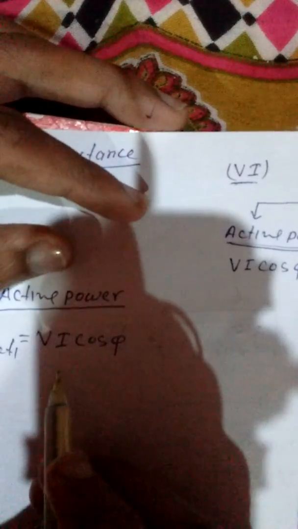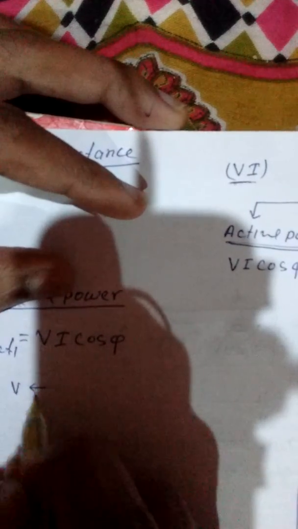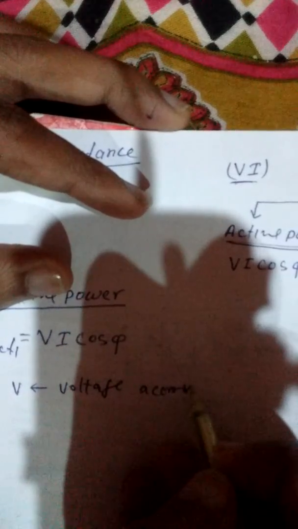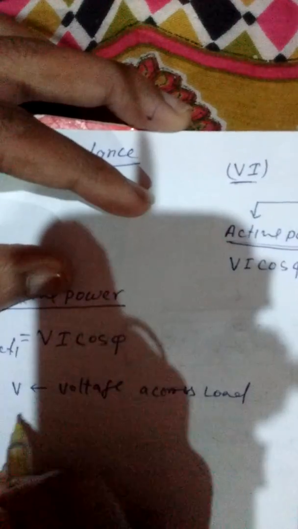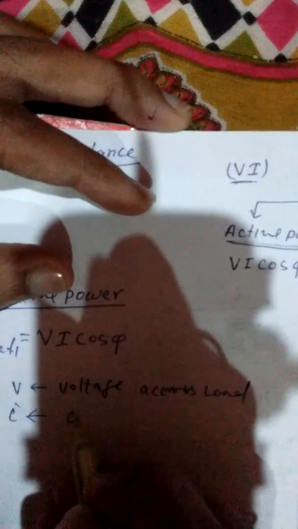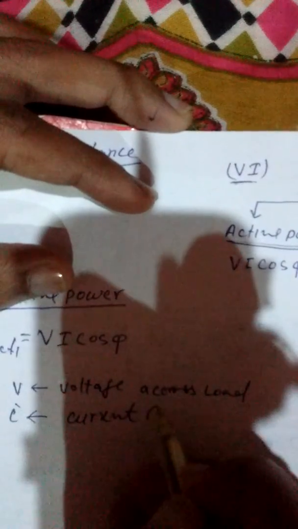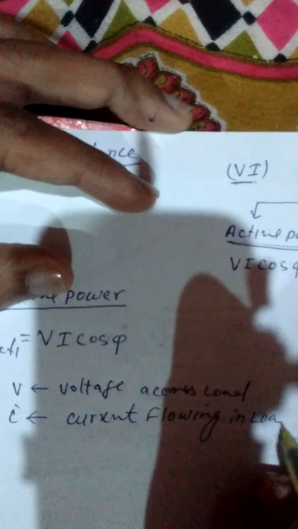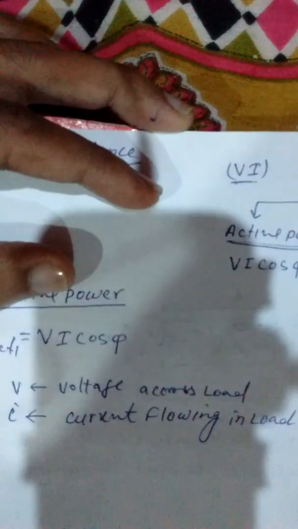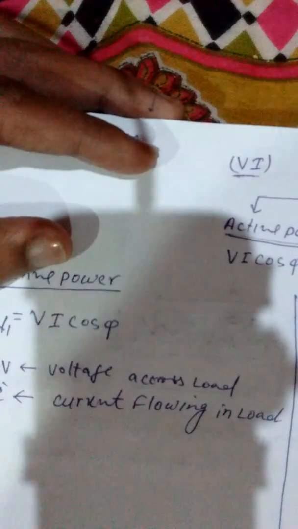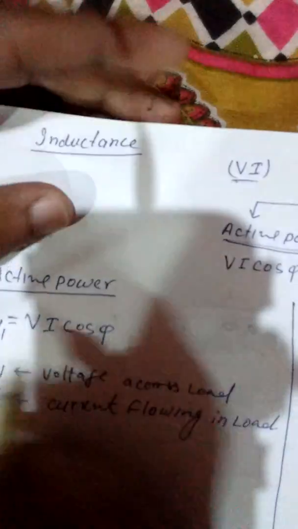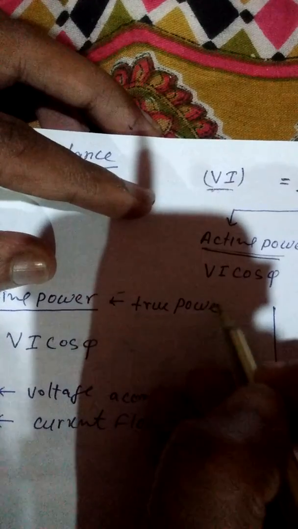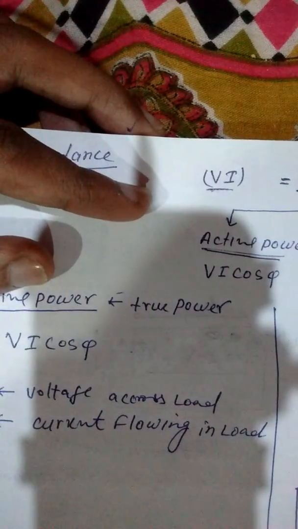Here V is the voltage across the load and I is the current flowing in the load. And you know phi is the angle between V and I. This power is also known as true power.